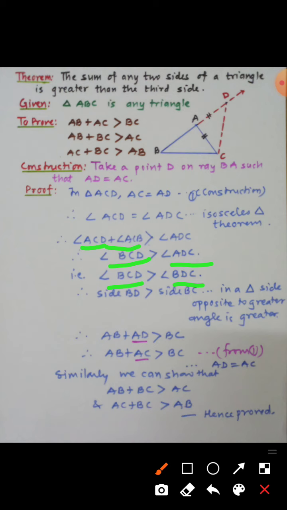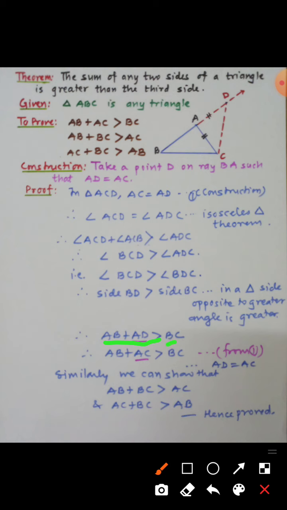And therefore, we will get side BD greater than side BC. We know in a triangle, the side opposite to the greater angle is greater. And now here in the figure, side BD is the sum of AB plus AD. Therefore, we get the step AB plus AD is greater than BC.